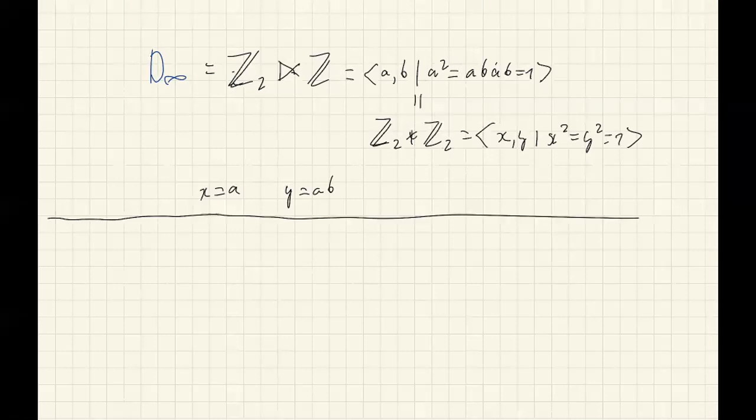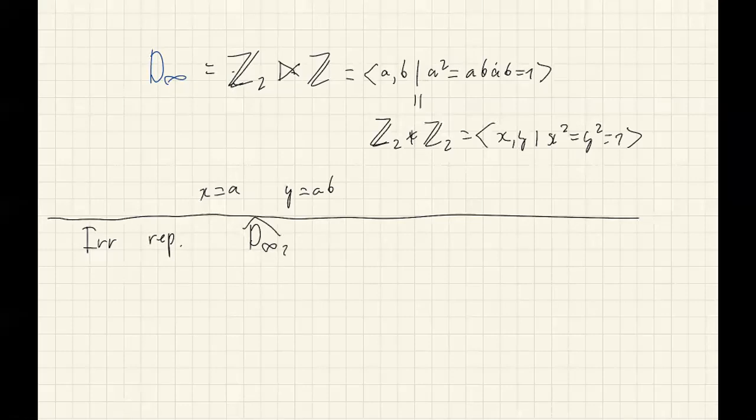First of all, irreducible representations. Irreducible representations have dimension at most 2. And the two-dimensional representations are in bijective correspondence with complex numbers without 1 and minus 1. We were denoting the set of irreducible two-dimensional representations by D infinity 2.